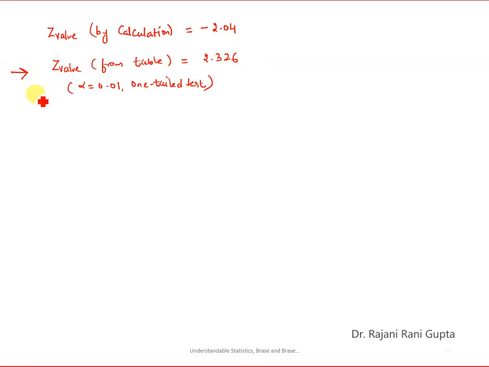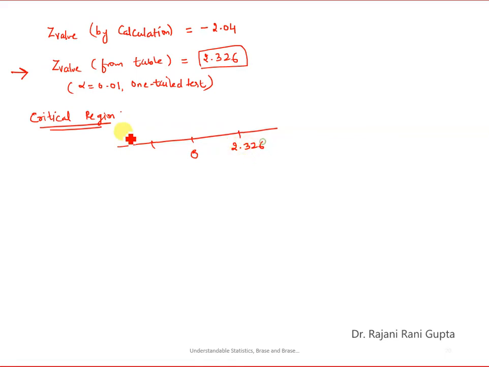We use this value to get the critical region. How do we define the critical region? This is the value from the table. We draw a number line. This is the point 0. On this line we put the points 2.326, positive and negative.